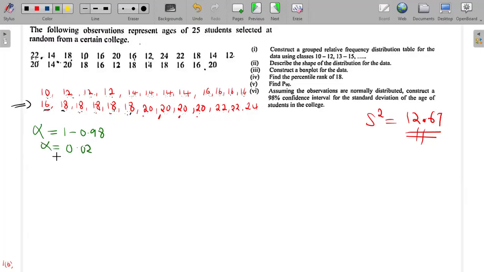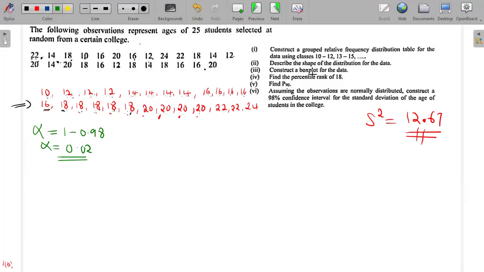So my alpha level of significance is 0.02. Now the formula for the confidence interval of the population variance is given as the following, and we are going to use it to estimate the confidence interval for the what?